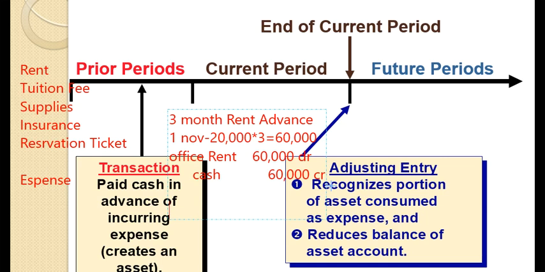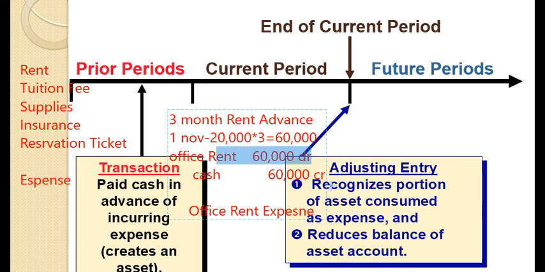Is it November? No, it is not November, it is 3 months. Then I need to apportion the amount of rent that I use in this November month. Right now I cannot write office rent expense, because it is not yet an expense.